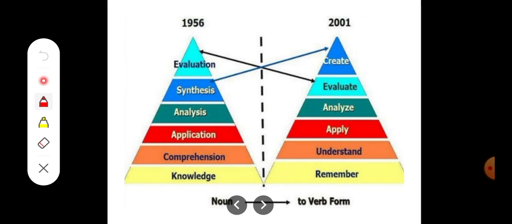As you see, we have a change from nouns to verbs, and we have a reversion, one after the other. There is a change of synthesis and evaluation: that was before it, and in 2001 it became after it.